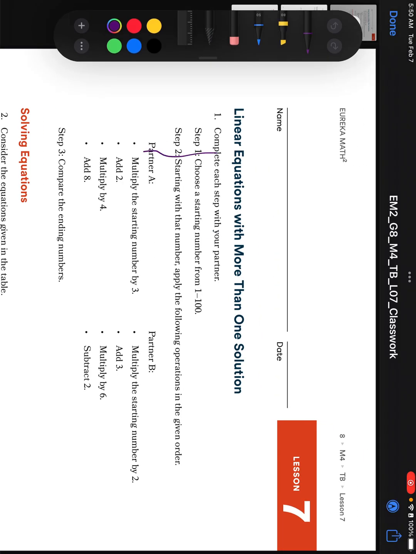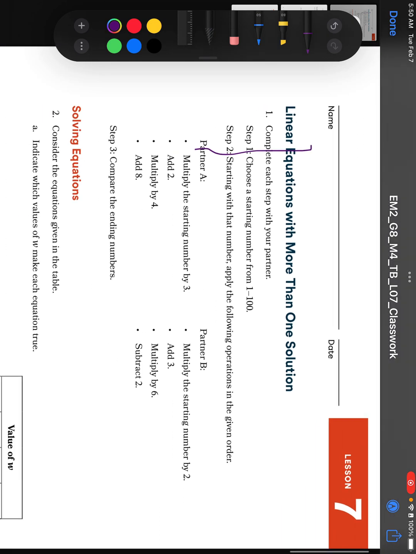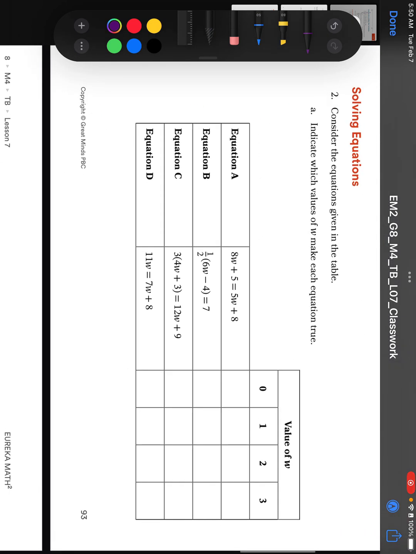So for this table, what we are doing is we're substituting each number into the equation for W.